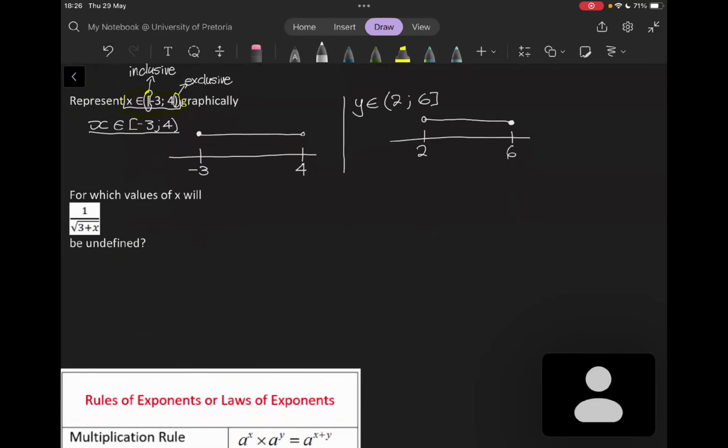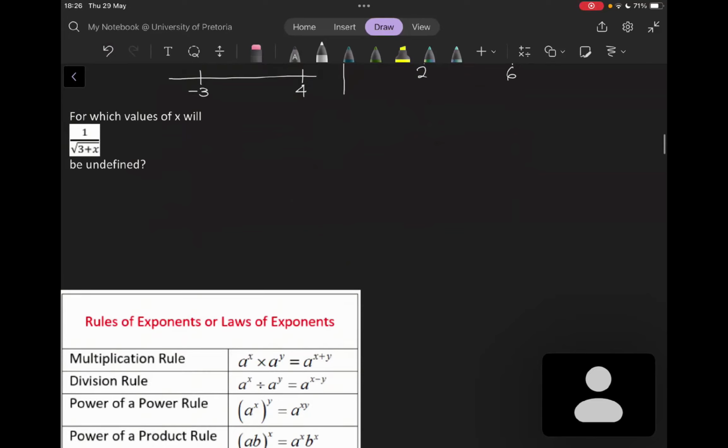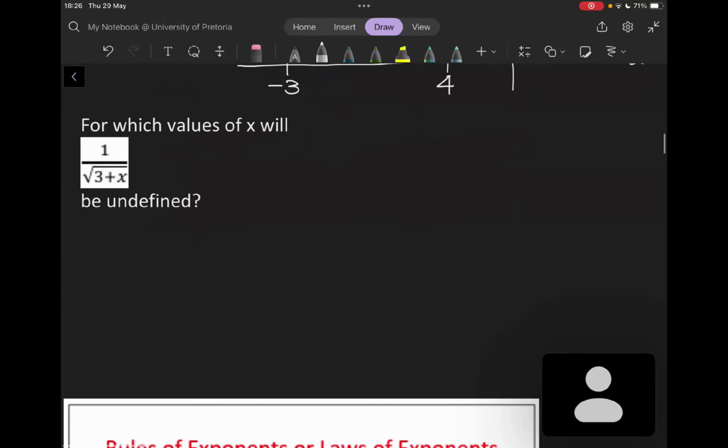Okay, cool. For our next question, for which values of x will this equation here be undefined? First of all, we need to know how exactly an expression or equation will be undefined. Something is only undefined if it is non-real.